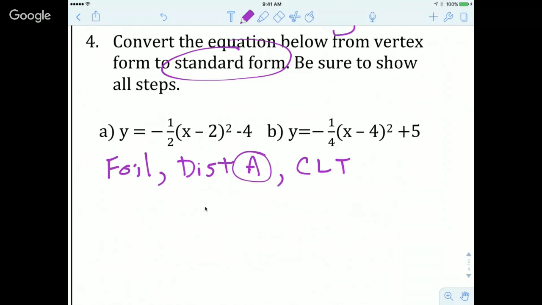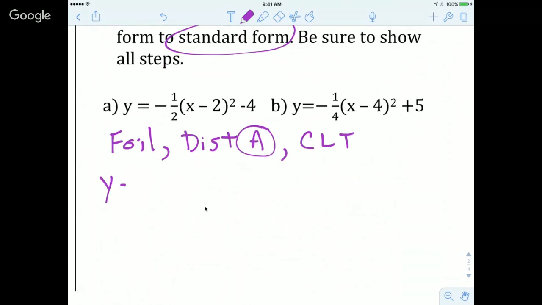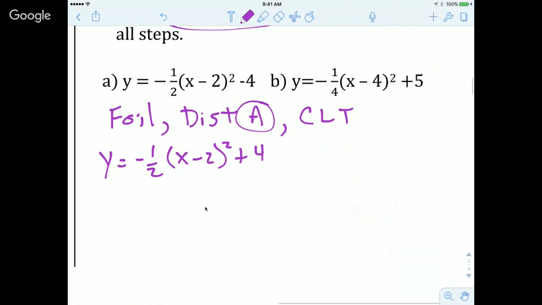So let's do the first one. y equals -1/2 (x minus 2) squared minus 4. We're going to take the square and write it twice. And remember when we FOILed, first times first, outside, inside, last, and did all the rainbows.